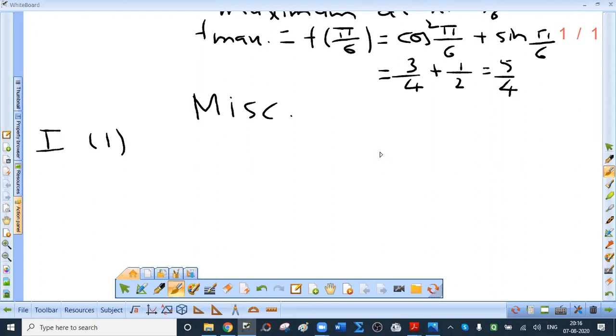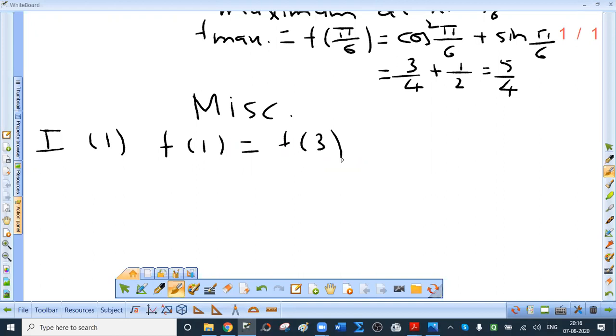Logic is very simple. See, Rolle's theorem, all the conditions are satisfied. So can I say that f of 1 is the same as f of 3? Do you agree with me? Now find out f of 1 and f of 3. Tell me what you get.